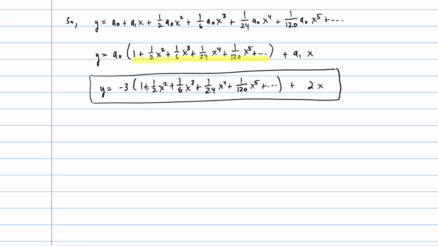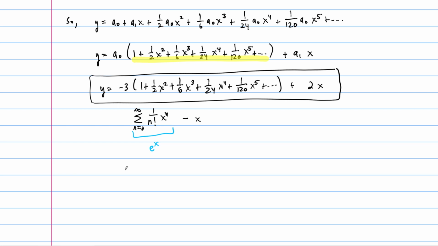It's missing the x term. So this one looks like the sum, n goes from 0 to infinity, of 1 over n factorial x to the n, but then it looks like we take away the x to the 1 term, right? So take away x. And I hope you notice that this one is our function e to the x, right? That's e to the x.